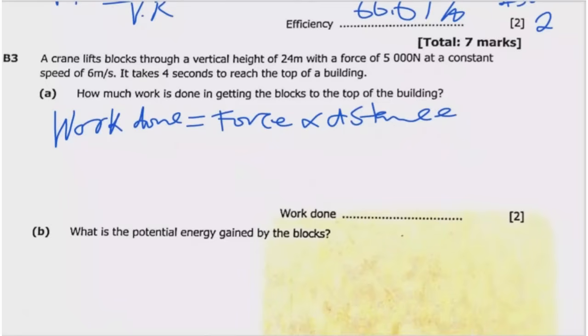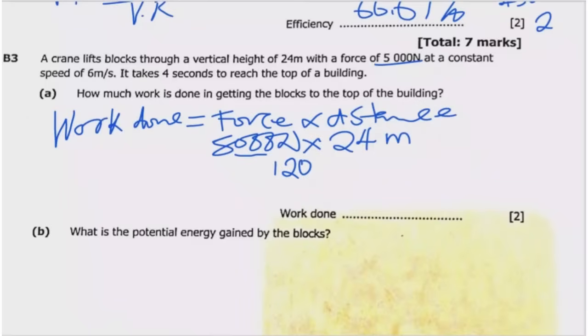We have discovered that the force is 5,000 Newton. So we say 5,000 Newton times the distance. The distance we are told is 24 meters. So we say times 24 meters. What we need to do is just multiply that. We forget about the zeros that are in 5,000, then we concentrate on 24 times 5, which will give us 120.